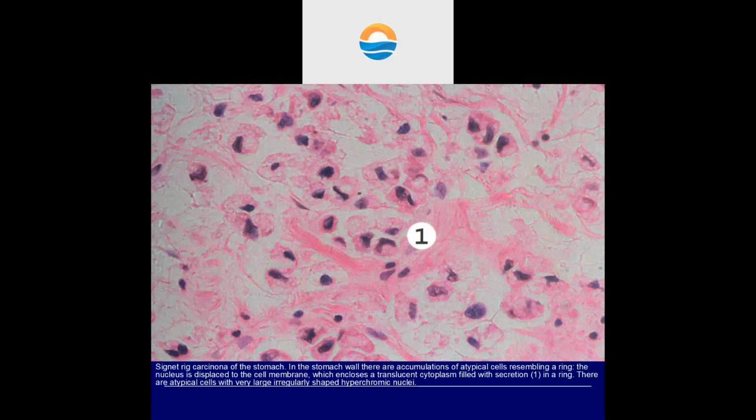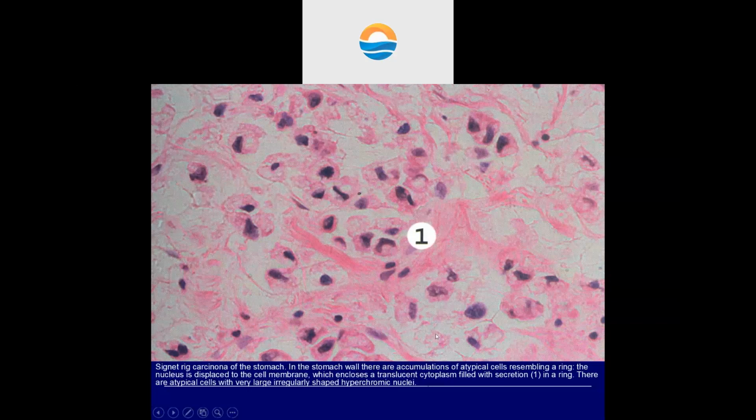Here, look, you see so-called signet ring carcinoma of the stomach. This is a histological slide of the stomach tissue wall. And you see atypical cells, and some of them resemble a ring. The nucleus is displaced to the cell membrane, which encloses a translucent cytoplasm filled with secretion, here the number 1. And we see it really looks like a ring with a stone.